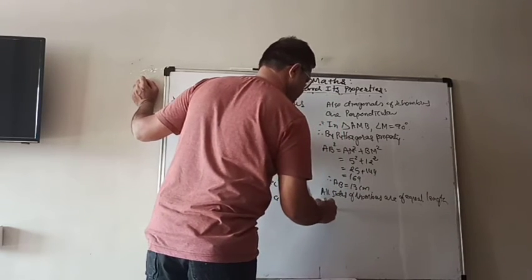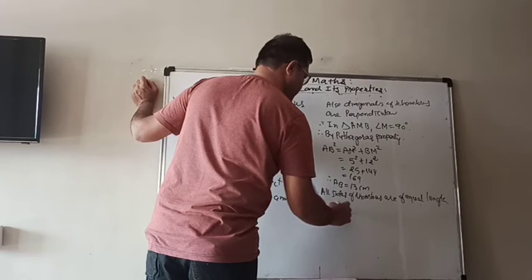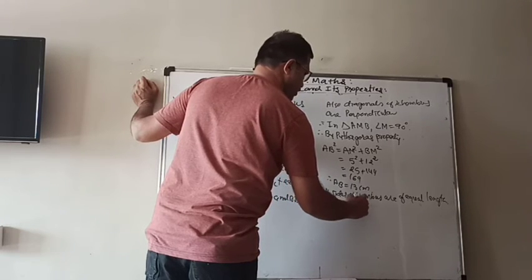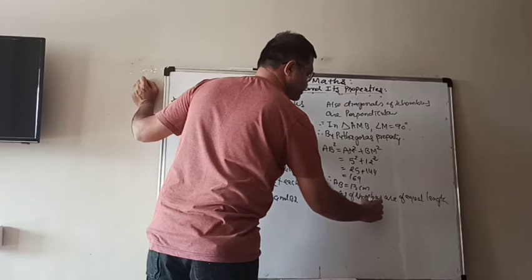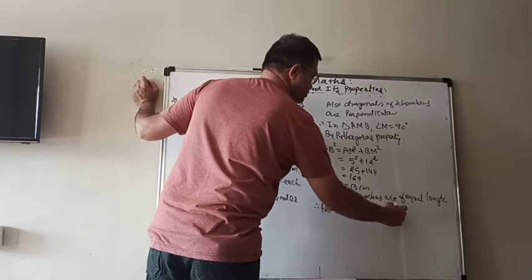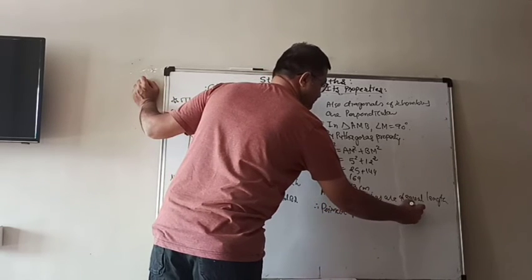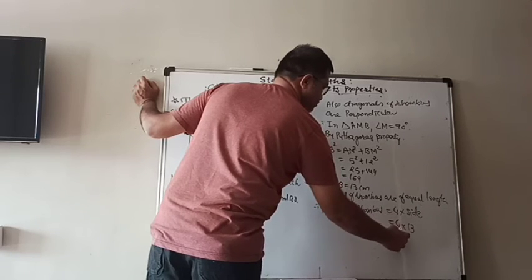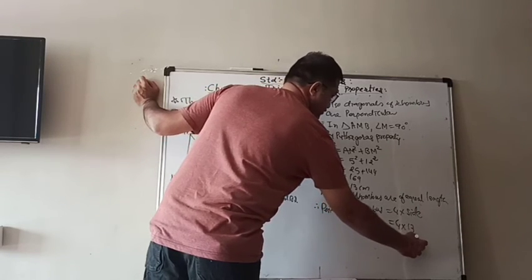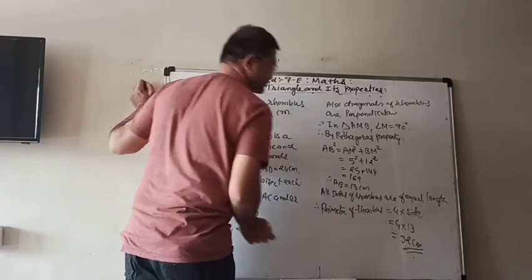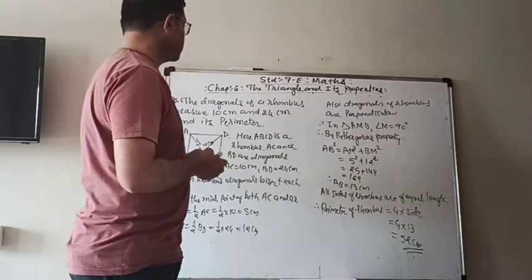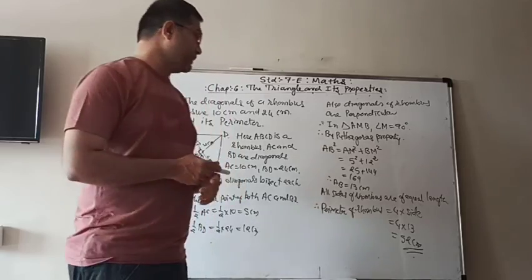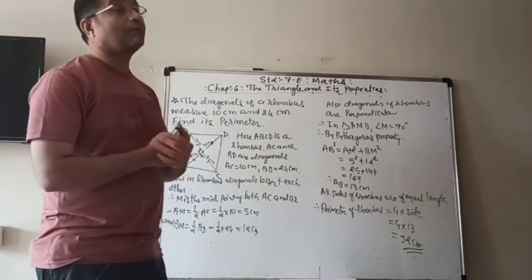Therefore, perimeter of rhombus is equal to 4 into side. The 4 into 13, that is 52 centimeter. So that is the perimeter of this rhombus.